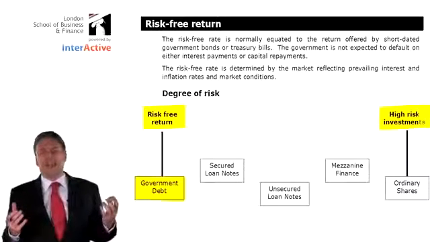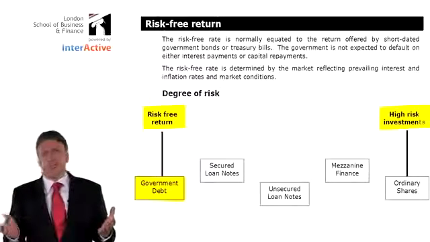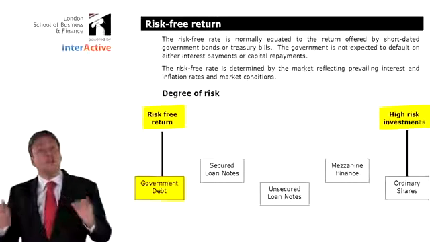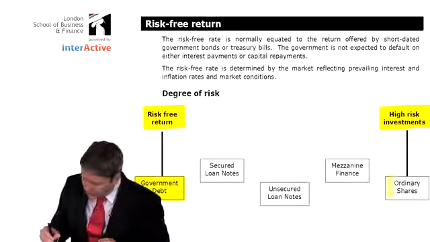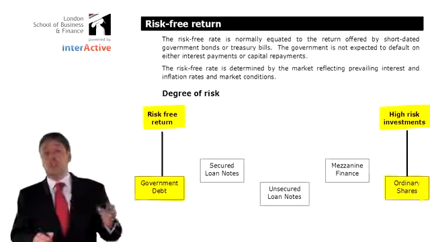But what we're looking at here is the whole gamut of basic investment products, i.e. debt investments and equity investments. That being the case, we would suggest that the ordinary share is high risk. The ordinary share is high risk for 2 basic reasons.